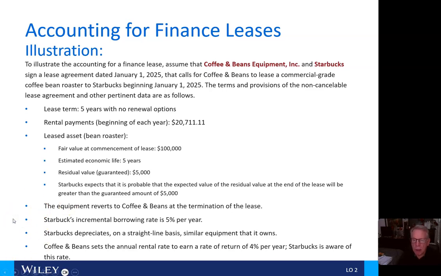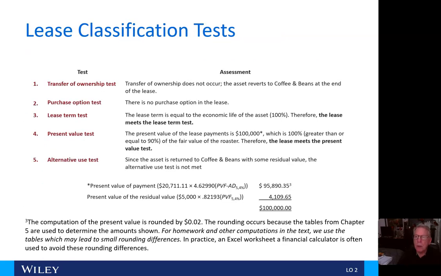Starbucks' incremental borrowing rate is 5% per year. Starbucks depreciates on a straight line basis similar equipment that it owns. And lastly, Coffee and Beans sets the annual rental rate to earn a rate of return of 4% per year. Starbucks is aware of this rate.